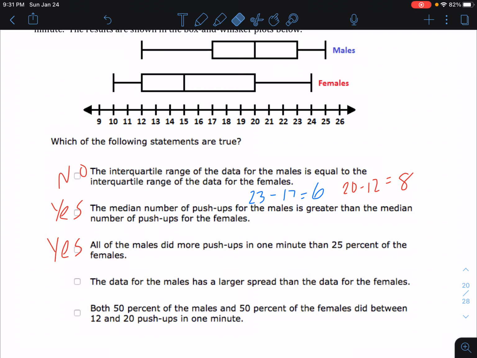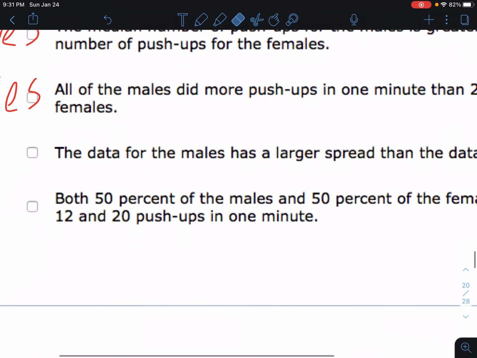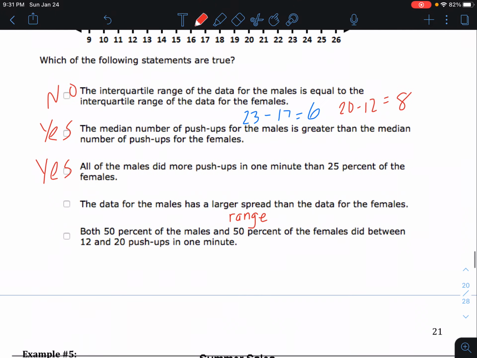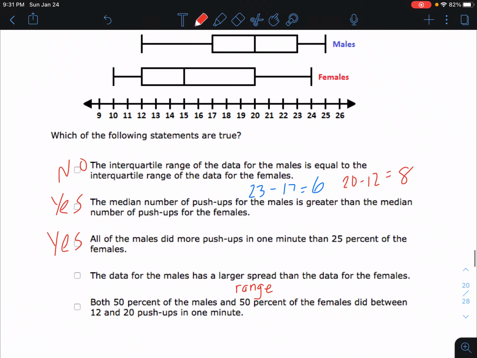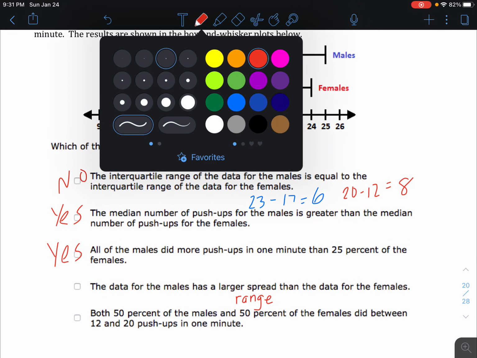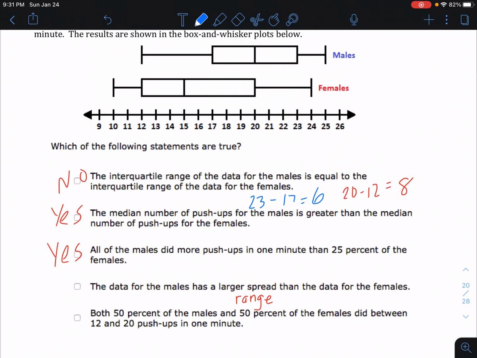The fourth one, the data for the males has a larger spread than the data for the females. That's a little bit of a confusing statement. When it says spread, spread actually means range. Its range is how things are spread out. So I need to check range here. So the range for the, let me do males in blue again.